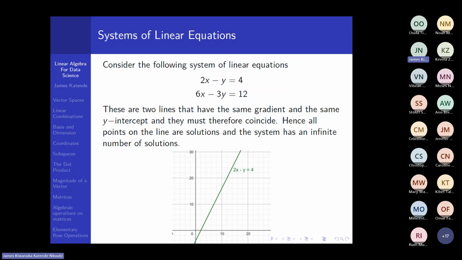If you rewrite them, it will just be the same equation. For instance, if you make y the subject, you will end up with the same equation in both cases. So this gives you two lines that coincide, and therefore every point on the line will be a solution to this system, giving you infinitely many solutions.